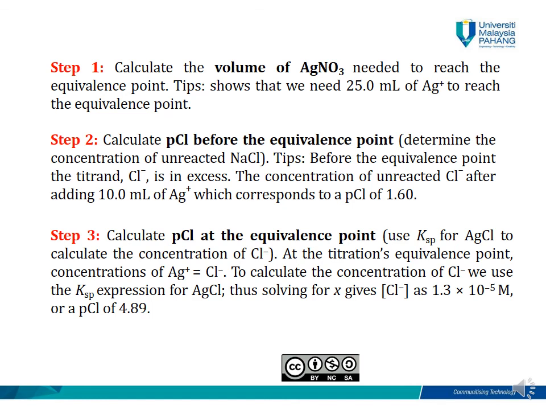In this case, you need to use the KSP value, and then use the same method to determine the concentration of chloride ion at equilibrium. You need to be very careful when doing this calculation. At the equivalence point, you need to use the KSP value.